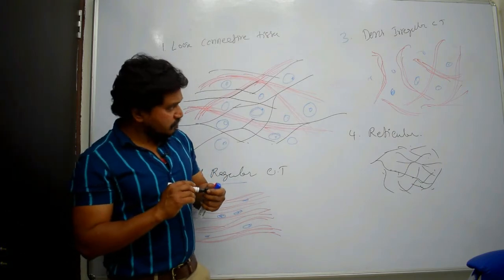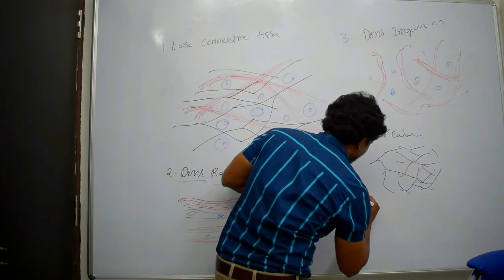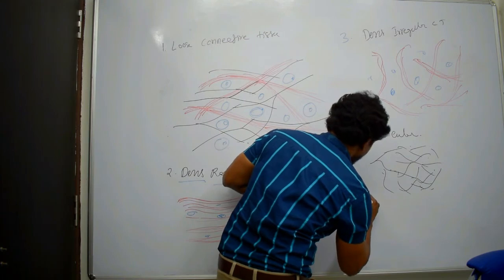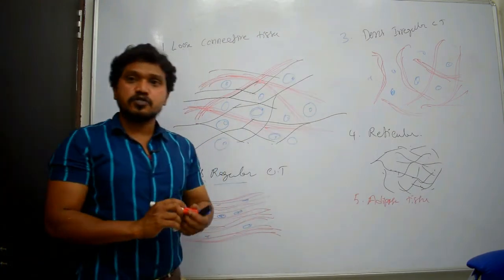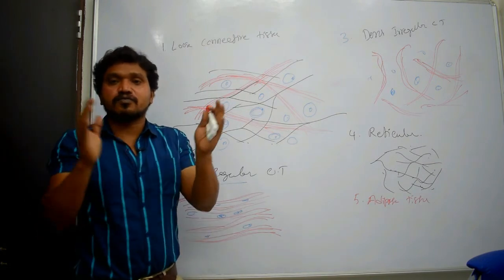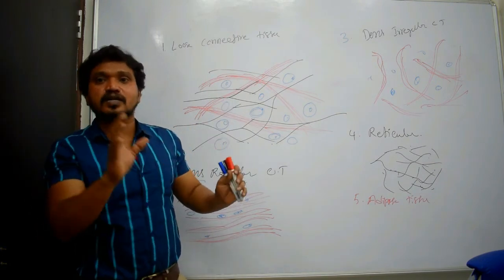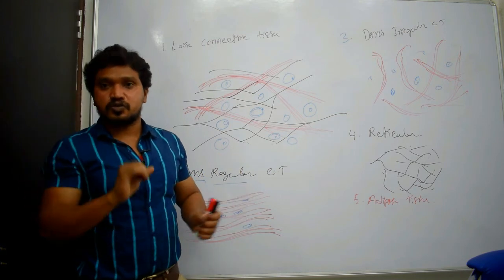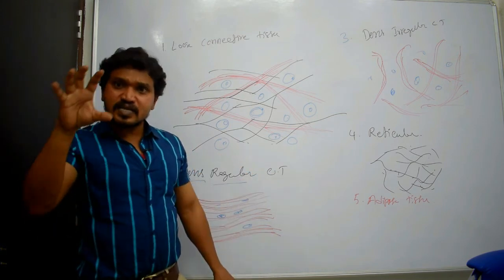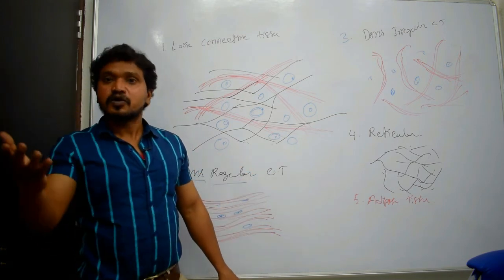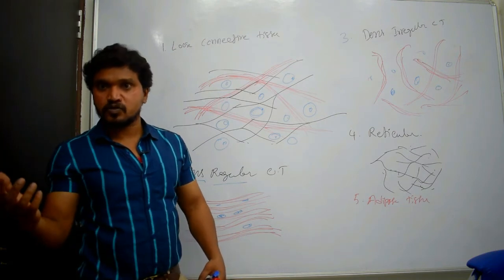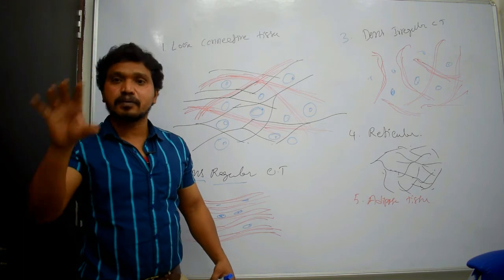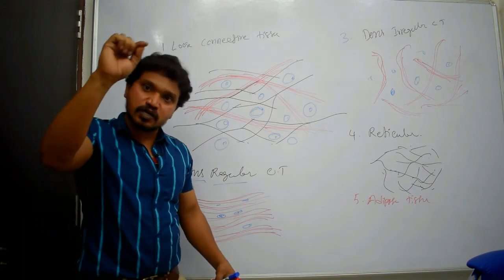Then another type of tissue is adipose tissue. What is that? Adipose tissue is nothing but aggregation of fat cells at one place. In adipose tissue, cells appear empty when we stain. During the routine histological process, the fat globule is removed, so the cells appear empty and the nucleus is pushed towards the periphery.